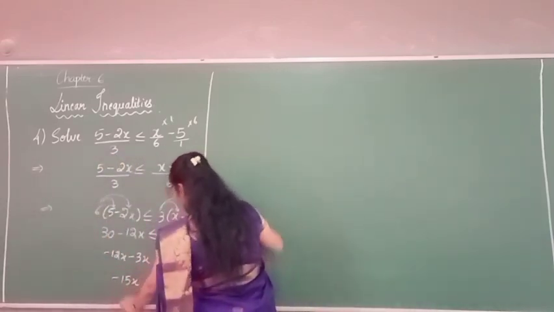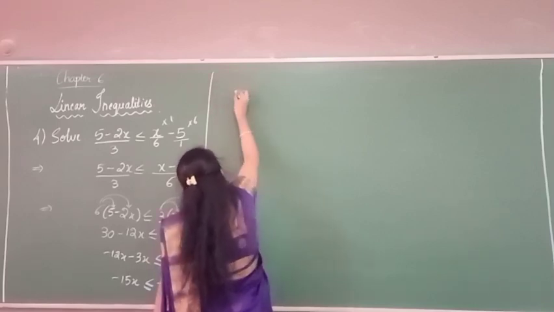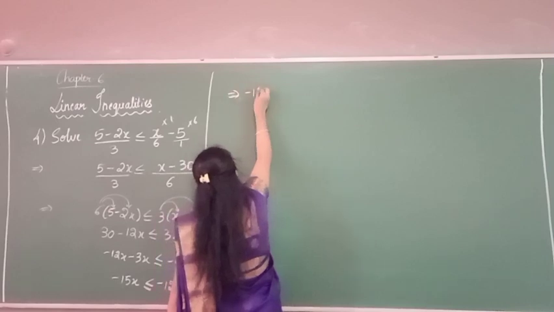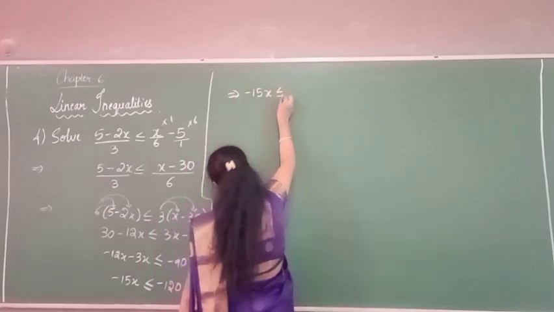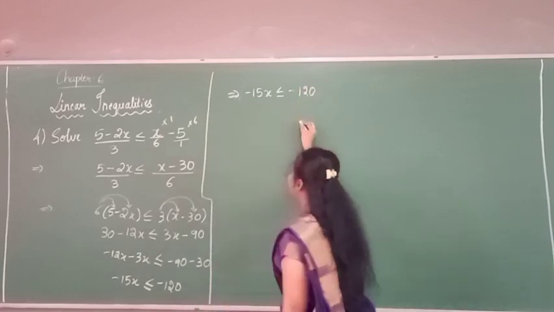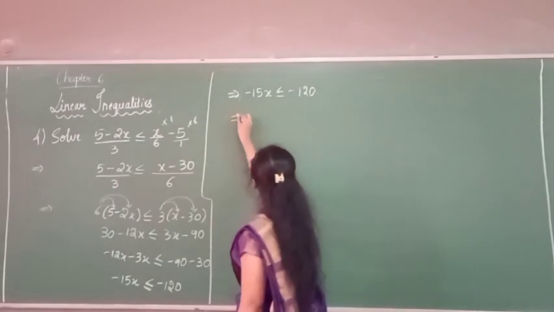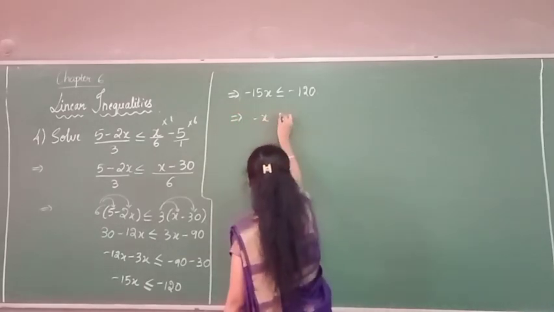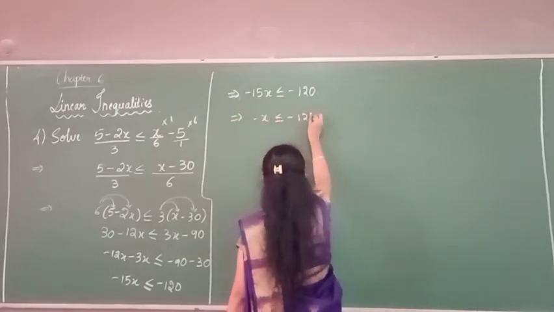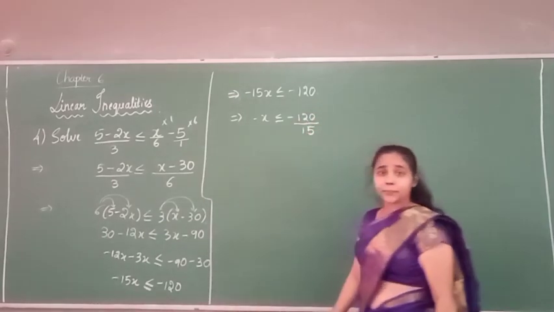So here minus 15x is less than or equal to minus 120. So what I will do, I will just send the numerical to one side. So it will be minus x is less than or equal to minus 120 divided by 15.